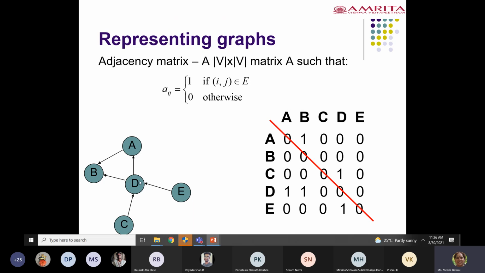Rather than saying DA is 1, if it was a weight of 8, I would represent 8 here. So rather than representing 1, in a weighted graph we represent the weight, and 0 will still represent that there is no edge.